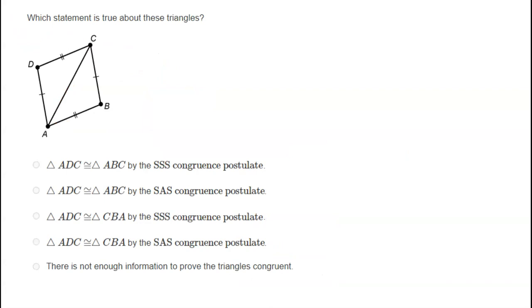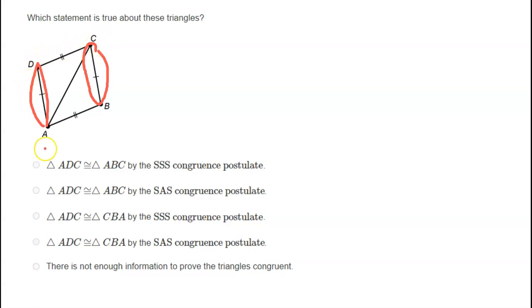About these triangles, the first thing that we notice is that they do have congruent sides, but we want to pay close attention to the fact that AD is congruent to CB.